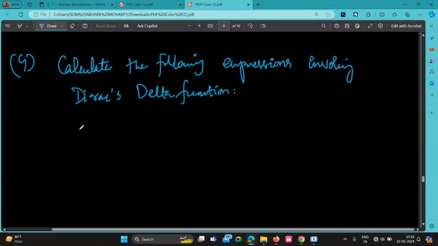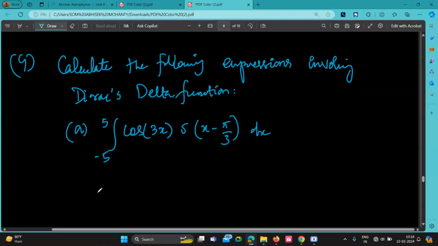First one is the integral from minus 5 to 5 of cos 3x delta of x minus pi by 3 dx. The second is from 0 to 10. We'll do one by one, no problem.